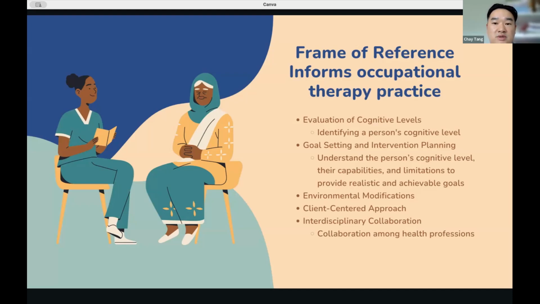Another important piece of the ACL is to understand the person's cognitive level, their capabilities and limitations, to provide realistic and achievable goals. They also have to keep in mind environmental modifications, a client-centered approach, interdisciplinary collaboration, and collaboration among health professionals.